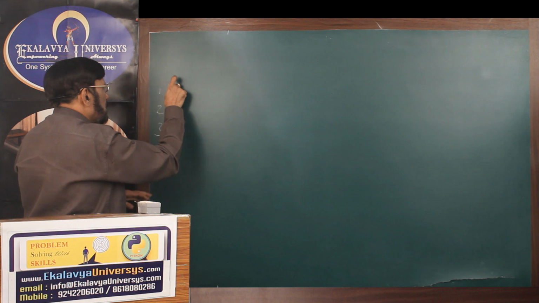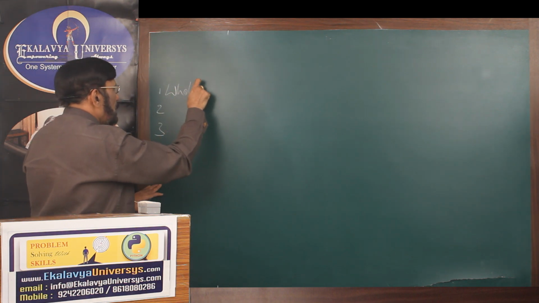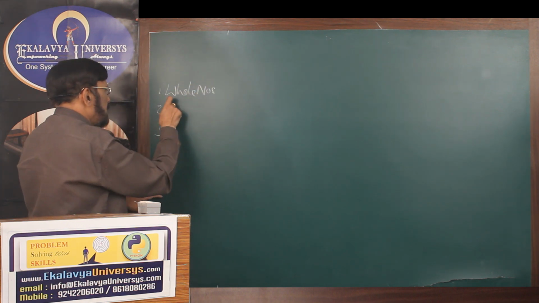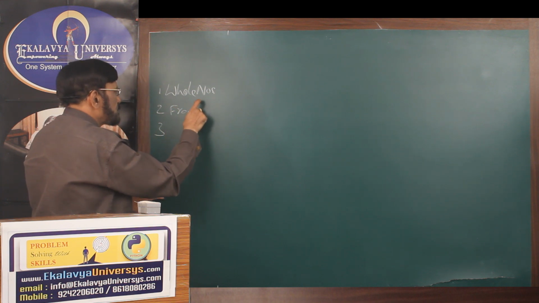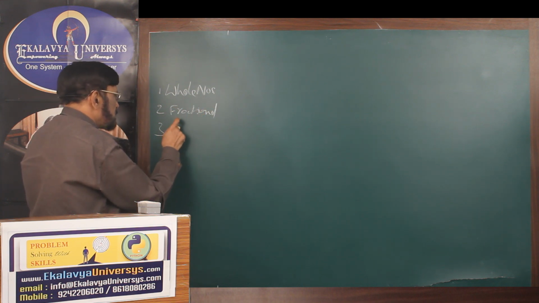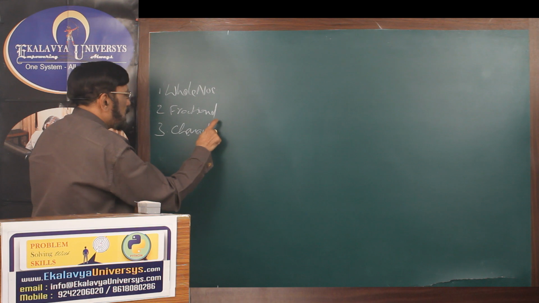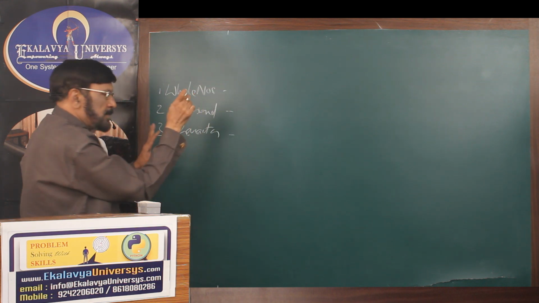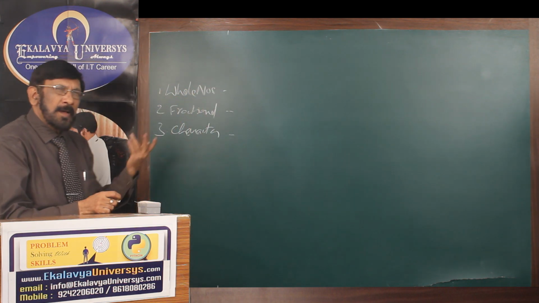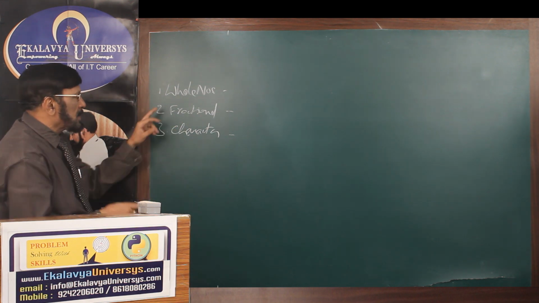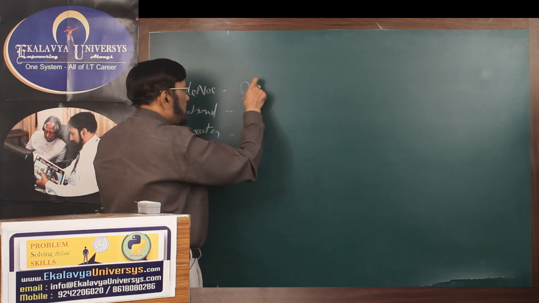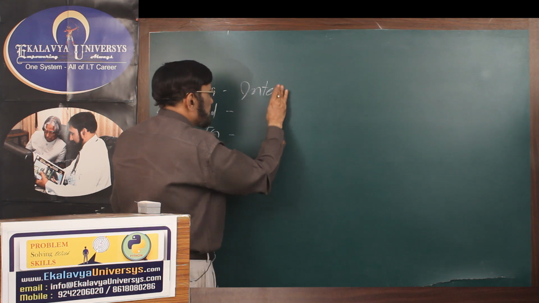First type is whole numbers. Second is fractional numbers. Third one is a single character. Okay, only three types I am taking, with reference to C. More or less this is applicable to Python also. Whole numbers we call integers.